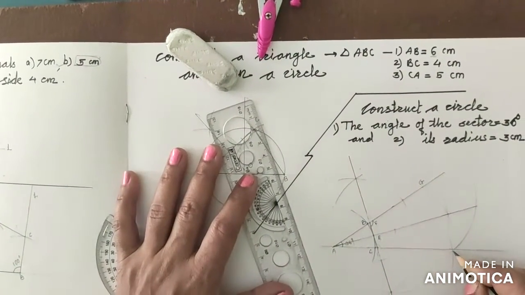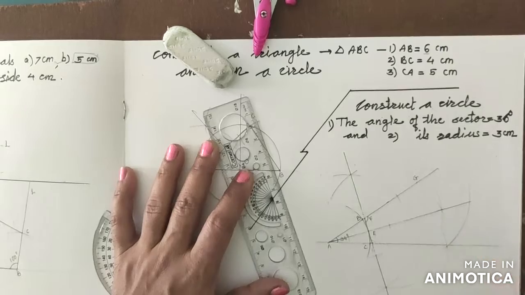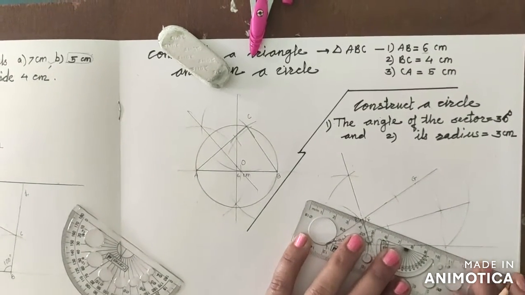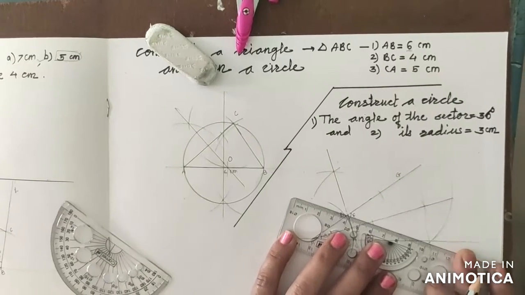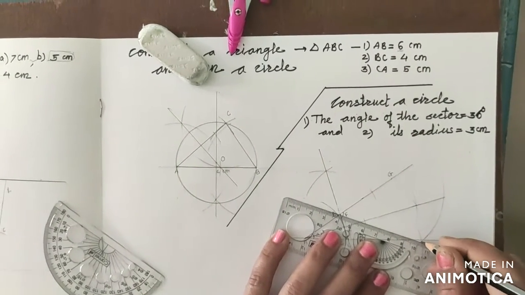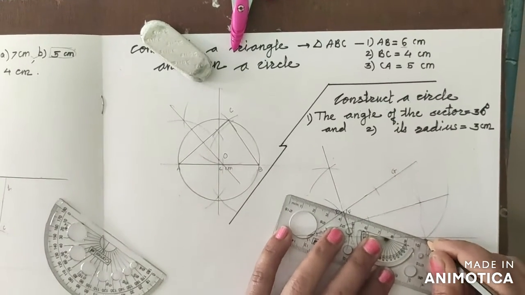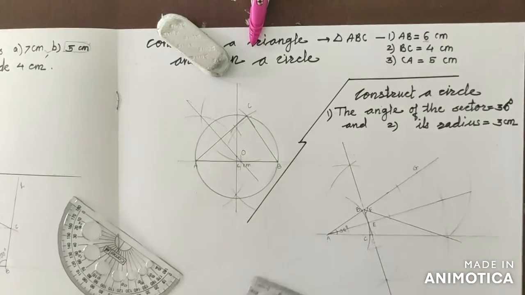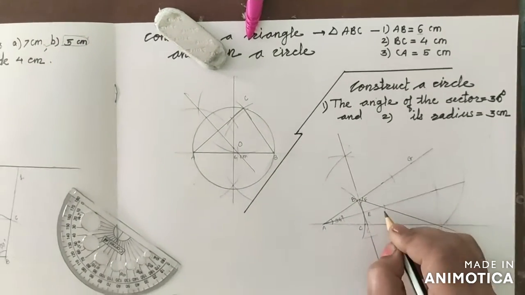This one, and when we join that F point to this new point, look at this point.